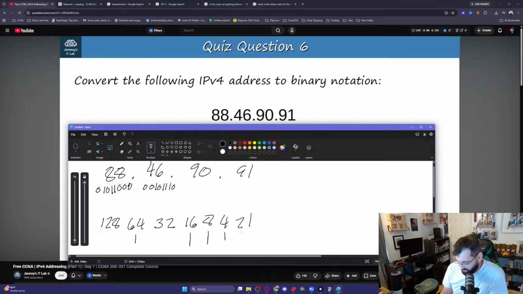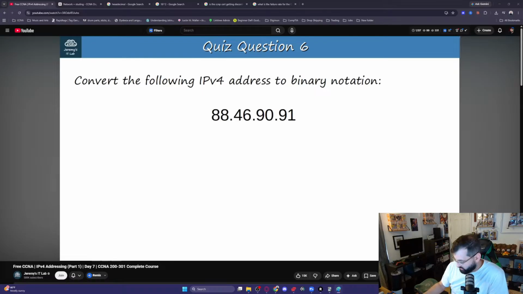Plus 4 would be 92. But that breaks it. We don't want that, so it would have to be 2. Okay, I feel like I'm getting faster. 0, 1, 0, 1, 1, 0, 1, 0.